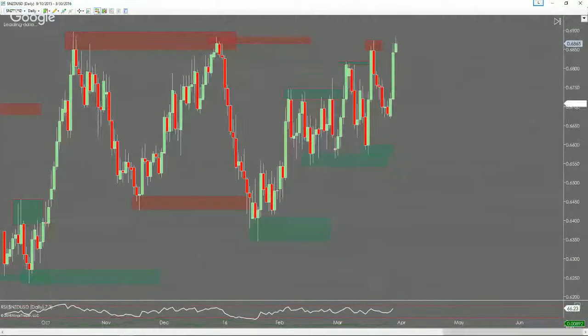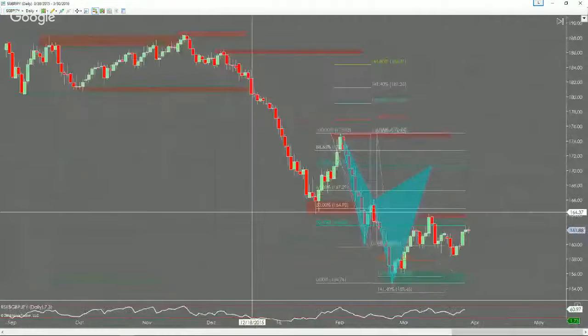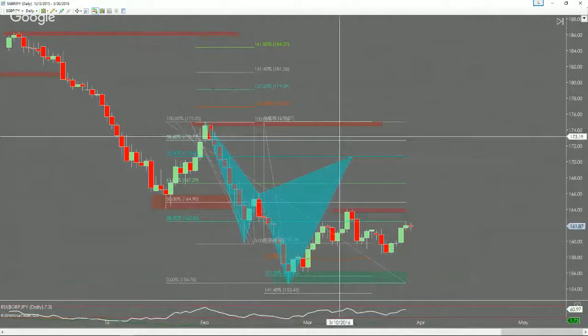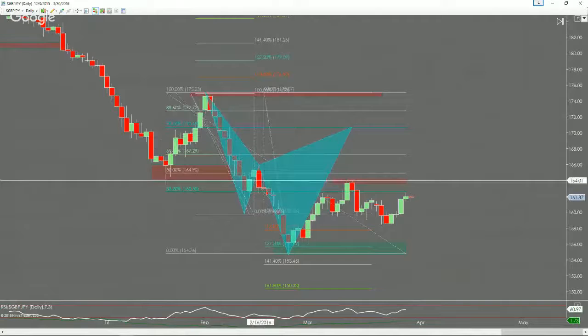So let's go to pound yen. All right, pound yen, we still have that cipher pattern. Still has not been invalidated. We identified it, I believe, last week.